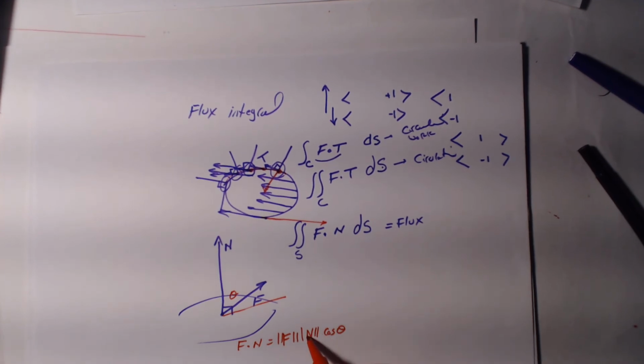And you know the unit normal vector's magnitude is 1, therefore if it's between 0 and 90 degrees, that's what it becomes, and you have seen this before.